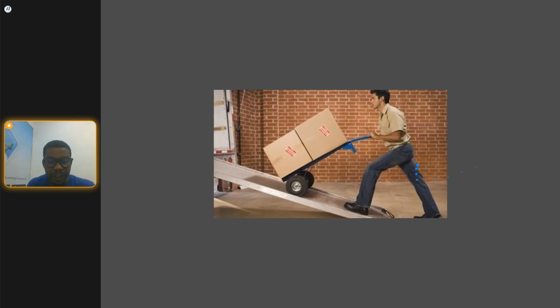But with the help of the machine, which is an inclined surface with this wheelbarrow, he has a structured machine that makes the work easier for him. So he can actually carry two cartons at a time and push them through this inclined surface, and that will be very easy for him to do.